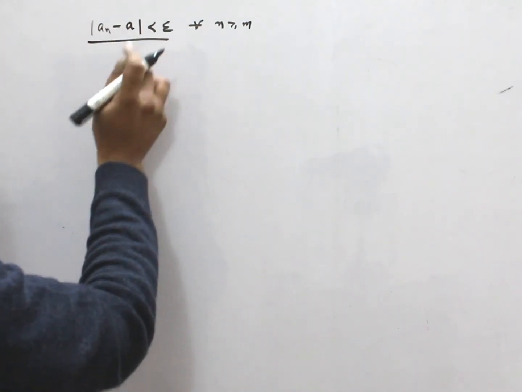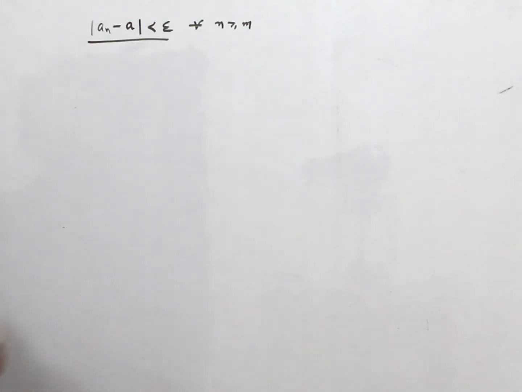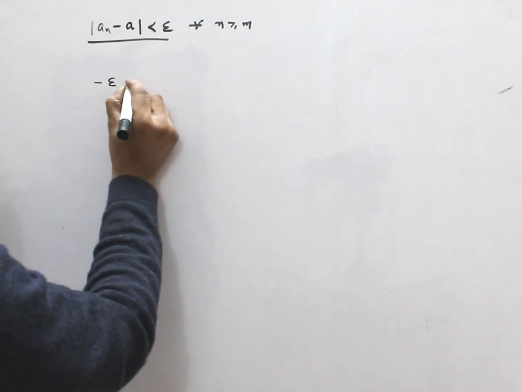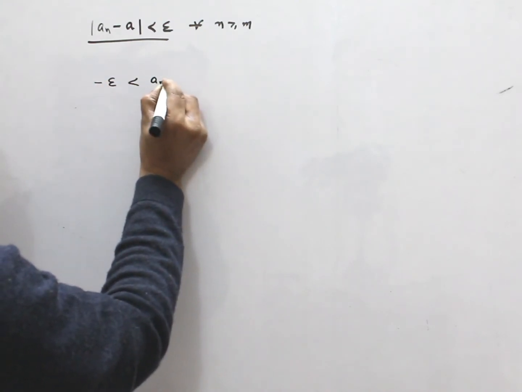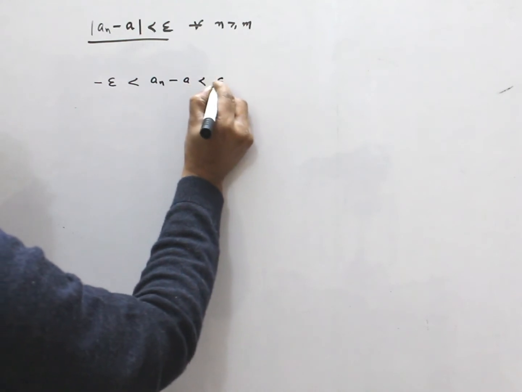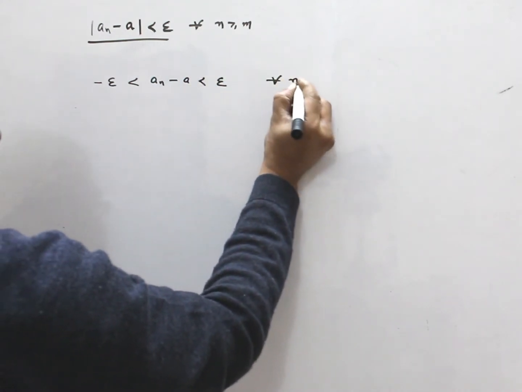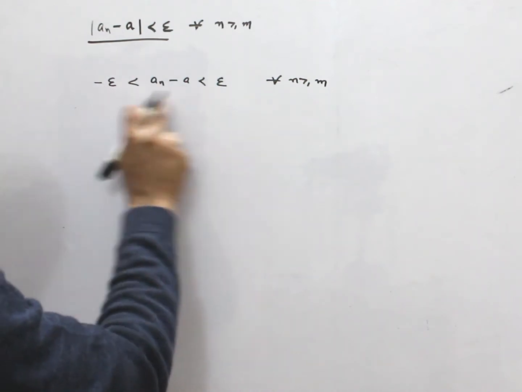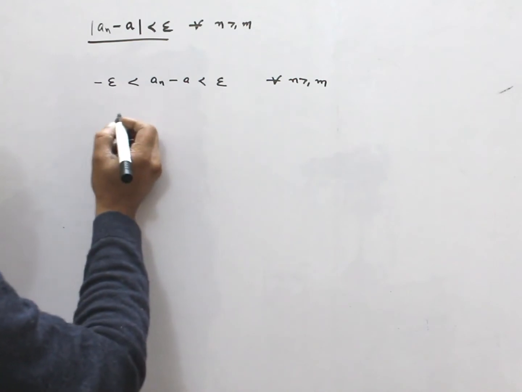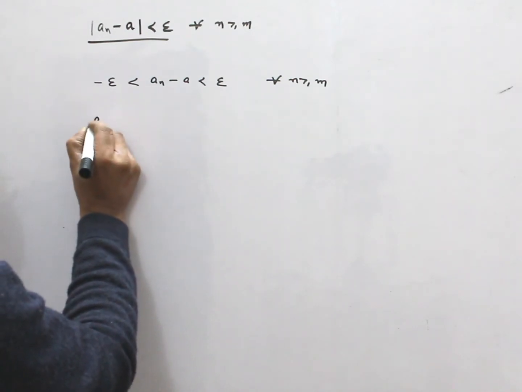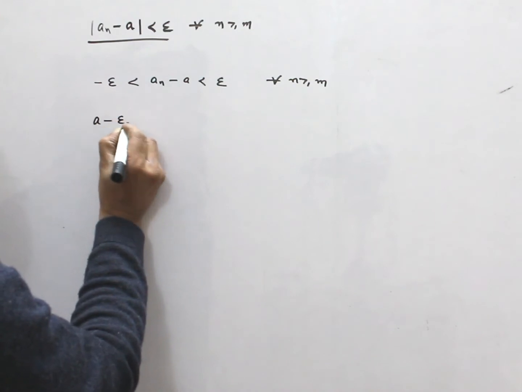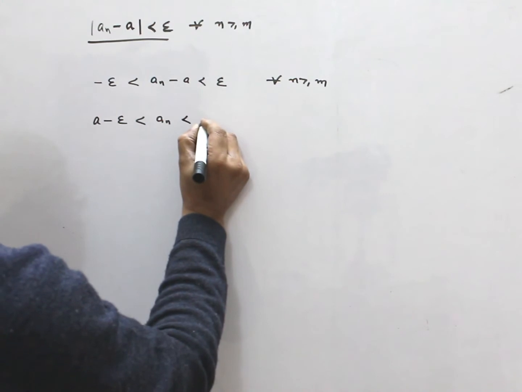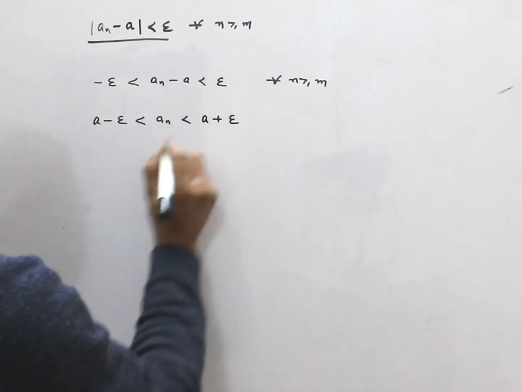By the definition of absolute value, I can write minus epsilon less than an minus a less than epsilon. If I add a to the whole inequality, this becomes a minus epsilon less than an less than a plus epsilon.